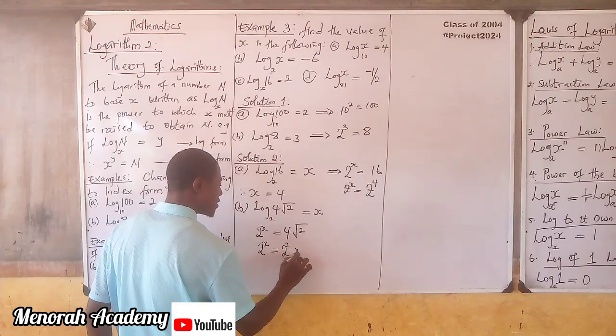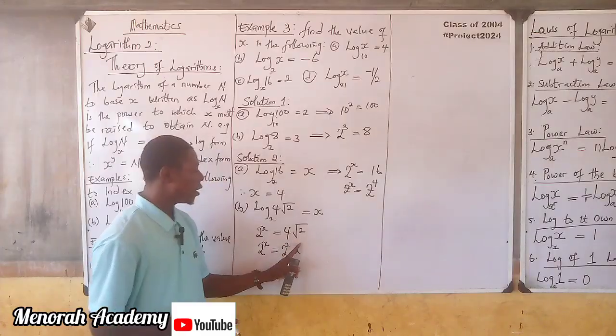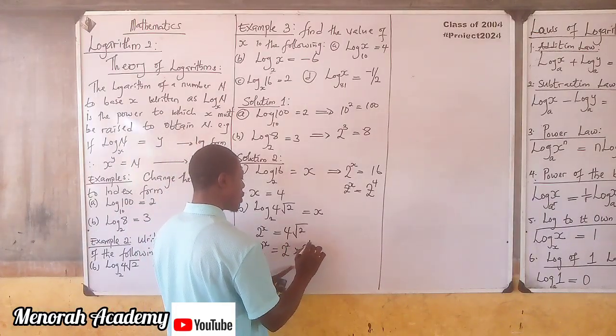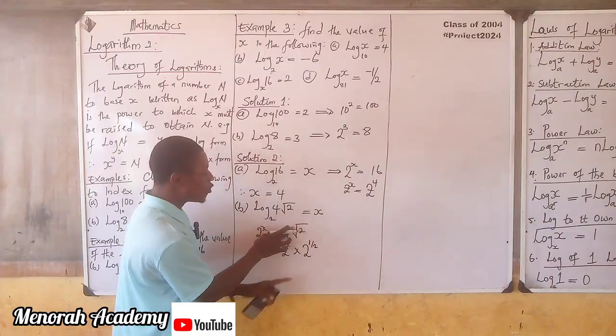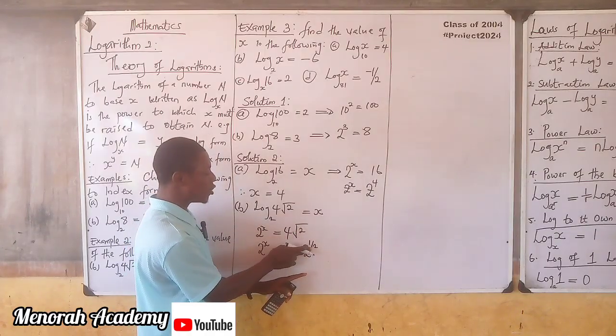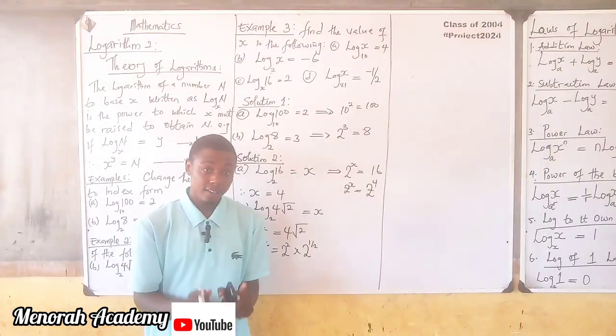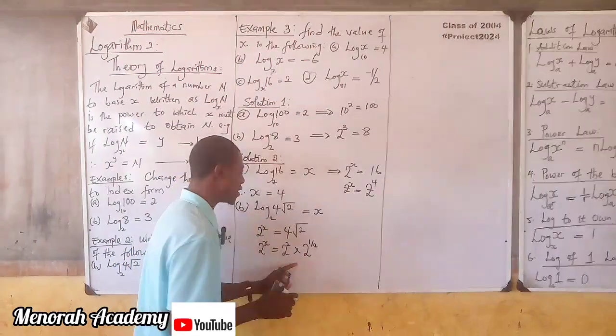2 raised to the power of 2, then times this root of 2, which can also be written as 2 raised to the power 1 over 2. Square root means 1 over 2. So this square root can be written in this form under indices. I have treated that already.